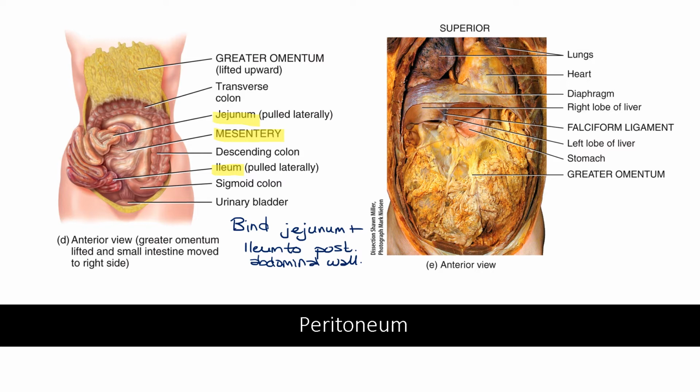Now lastly, there are two separate folds of the peritoneum called the mesocolon. I actually don't have a picture of this one here, but this will bind the transverse colon and the sigmoid colon of the large intestine to the posterior abdominal wall.